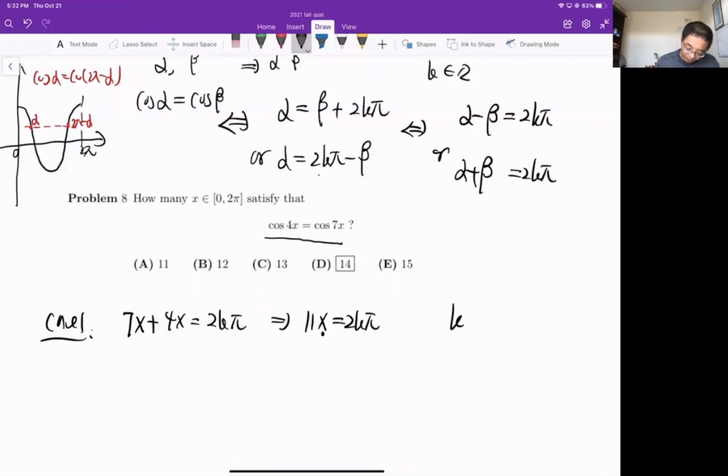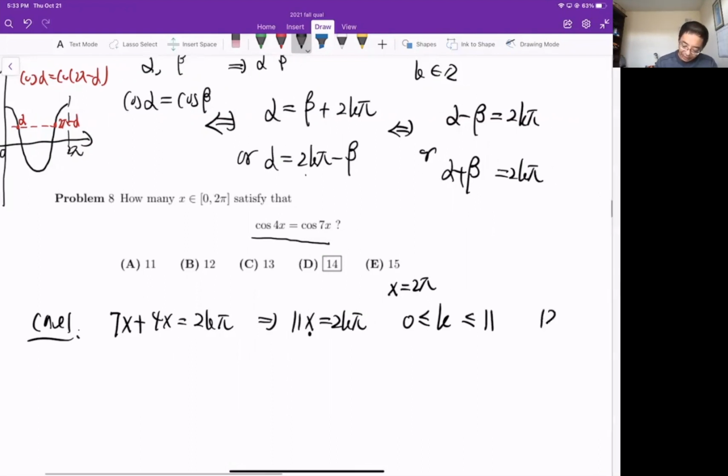We can choose the k all the way. X could go at most to 2π, right? So k could go all the way from 0 to when x is 2π. That means k is 11, right? K can go from 0 to 11, and here we have 12 of them.